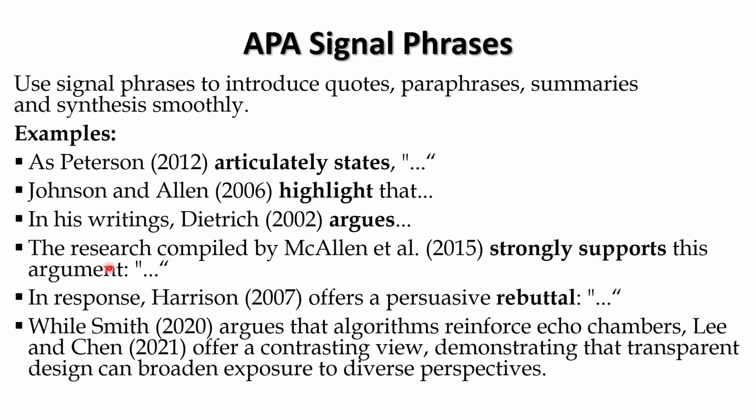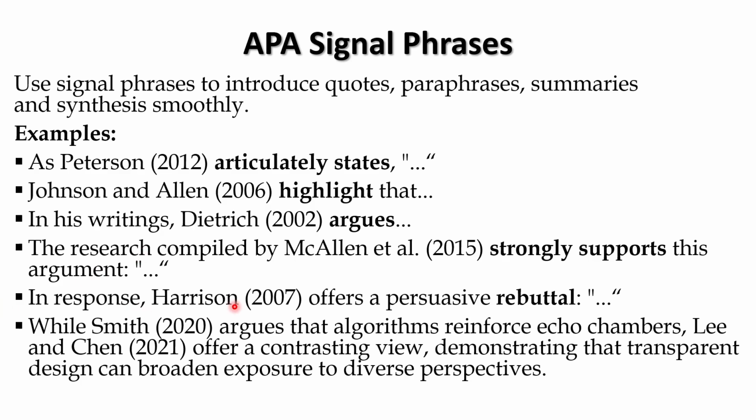Then, the research compiled by McAllen and others (2015) strongly supports this argument. So this is a strong, confident signal phrase. The writer is not just presenting a quote, they are telling you how it functions in their argument. It strongly supports why they are saying this.